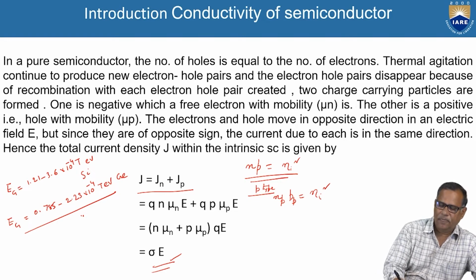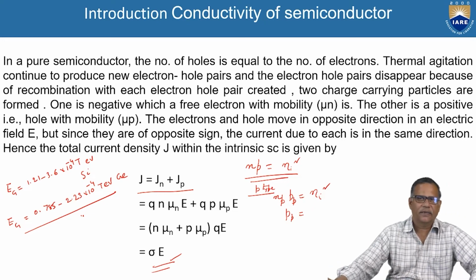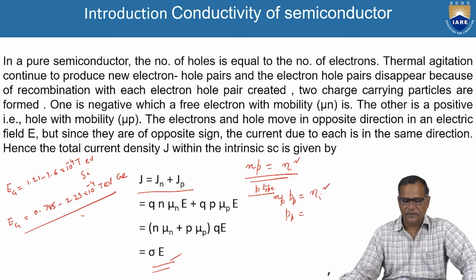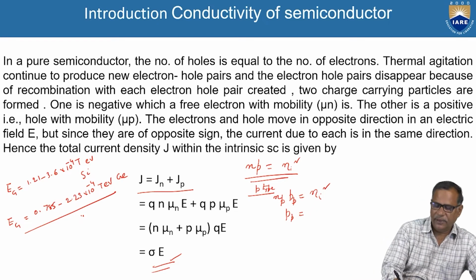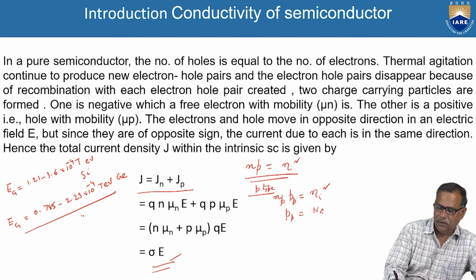Pp is nothing but the acceptor atoms concentration. We have added trivalent atoms to convert the intrinsic semiconductor material into the P-type. So pp is equal to Na. Now from this we can say that np is equal to ni square by Na. This is for P-type.